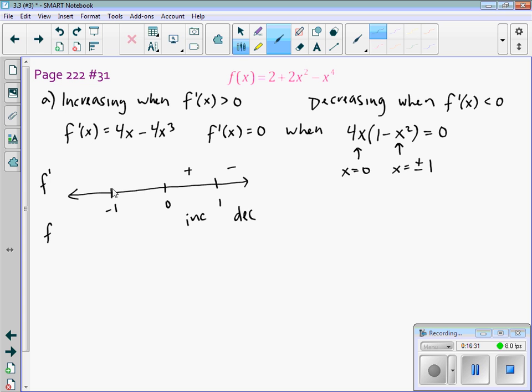If we plug in negative a half, we would get a negative out front, and this would be positive. And then you plug in a value less than negative 1, and you would get a negative out front and negative. So yeah, exactly. So then we get a positive there.